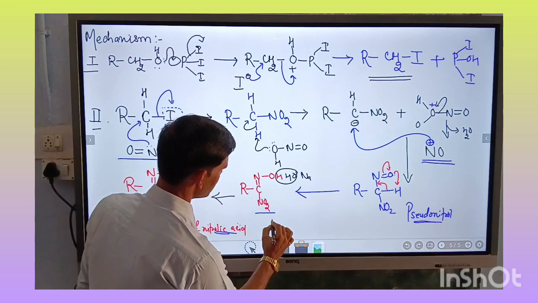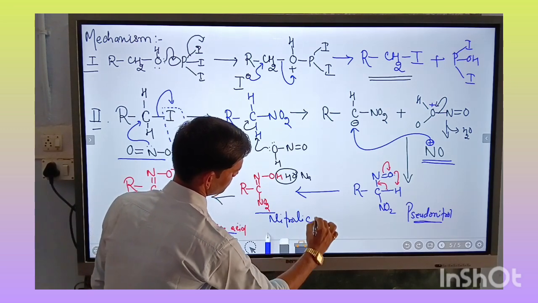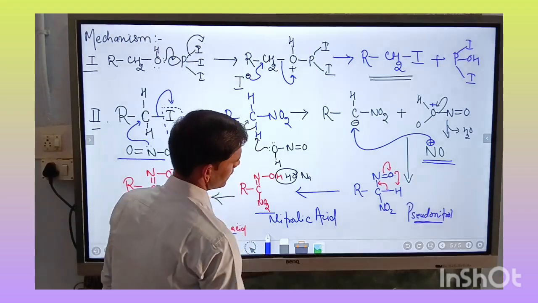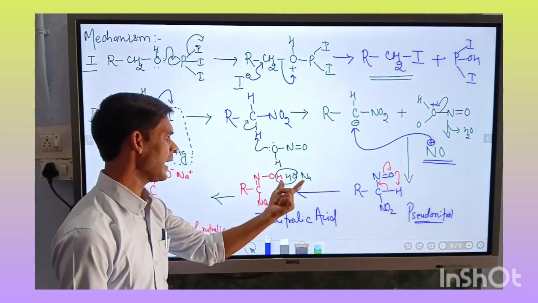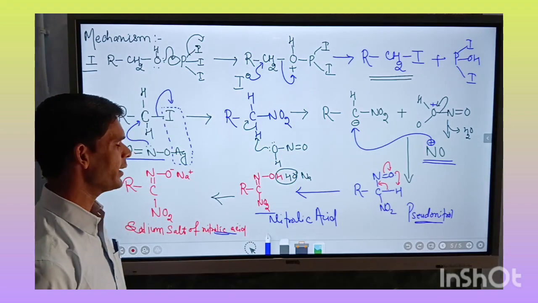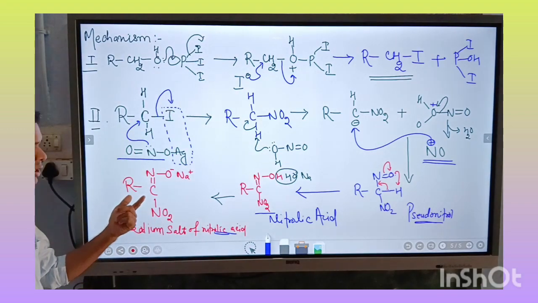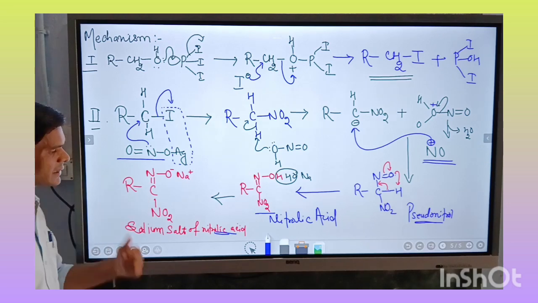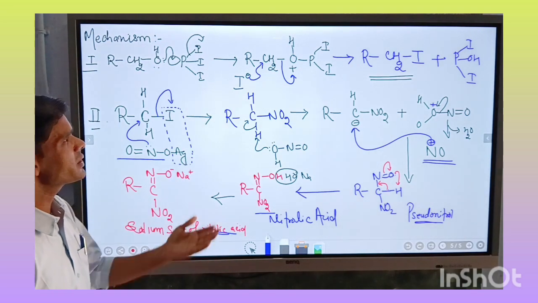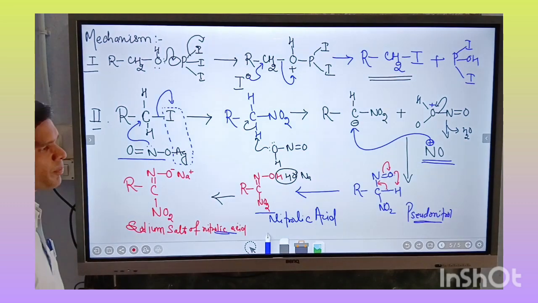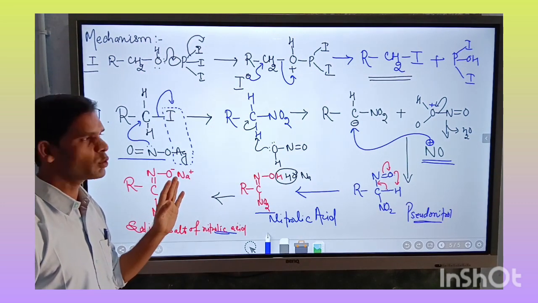This is nitrolic acid. And when this nitrolic acid is made alkaline using sodium hydroxide or potassium hydroxide, it gives its corresponding salt, and this salt is red in color. Okay, so this is the mechanism of the reaction. Is it clear up to here?